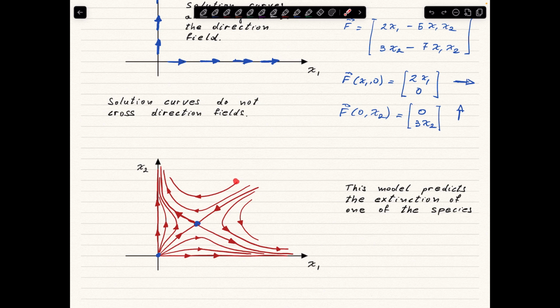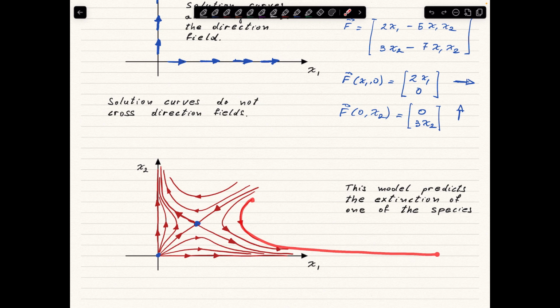Because suppose you have initial data here, what is going to happen is one population x2 is going to grow to infinity, but the other population, you see, x1 goes to 0. If the initial data is here, the opposite happens.